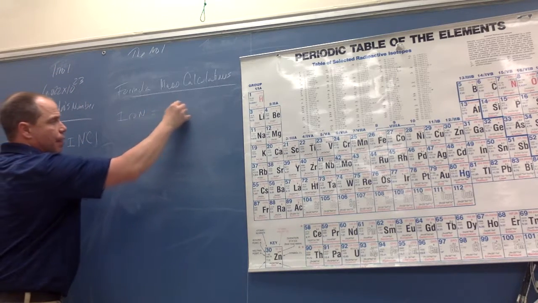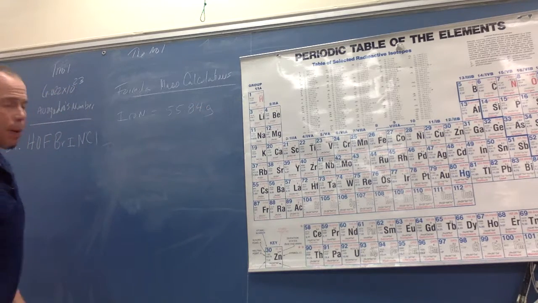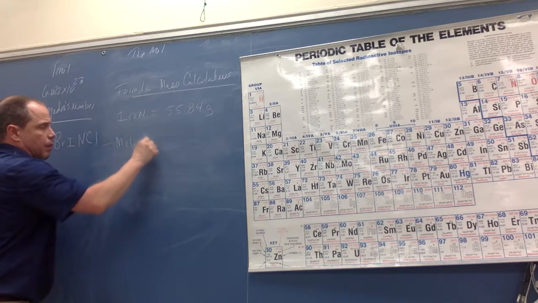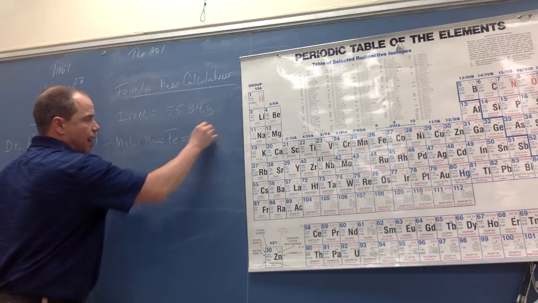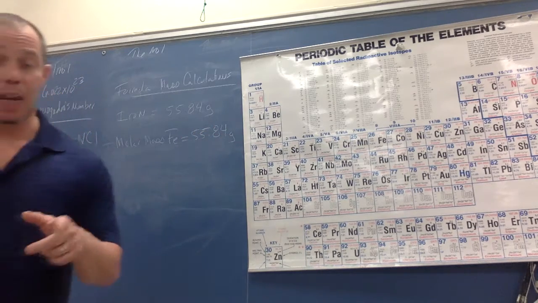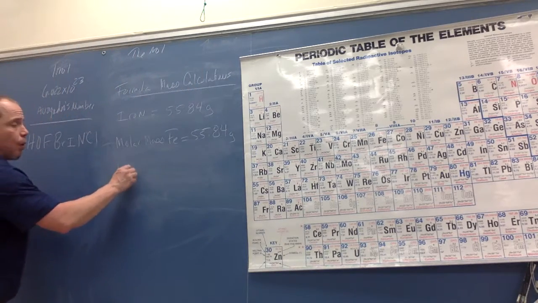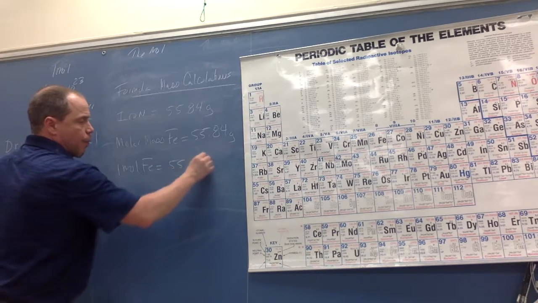Iron equals 55.84 grams. So what I'm saying is that the molar mass of Fe equals 55.84 grams. And I'm also saying that 1 mole of iron, 1 mole Fe, equals 55.84 grams.